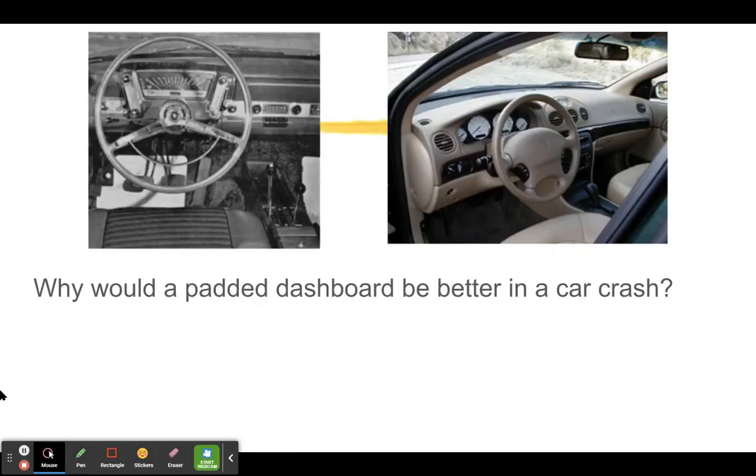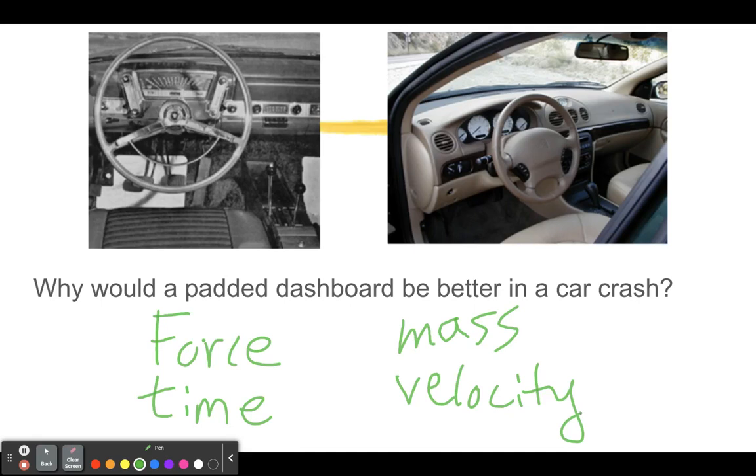So then why would a padded dashboard be better in a car crash? I want you to think about this and think specifically, what are the things we've talked about? We've talked about force, we've talked about time, we've talked about mass, and we've talked about velocity. So of these things, if you crash into a dashboard, the squishiness is going to mean that it takes you more time to stop.